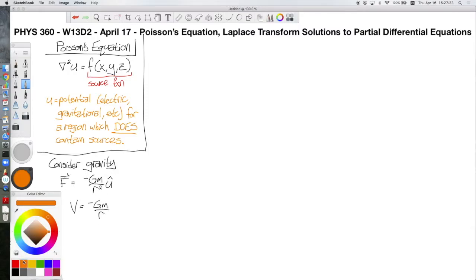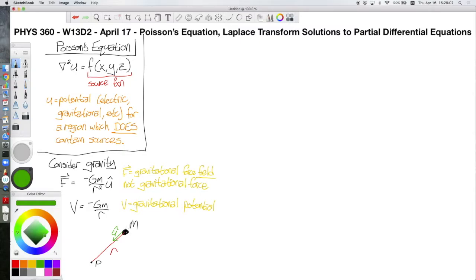We have the gravitational force field equals negative GM over r squared times the unit vector u, and the gravitational potential is negative GM over r. And let's clarify this by writing that down and drawing a diagram. So down here at the bottom, I have drawn a diagram to show you what these variables mean.